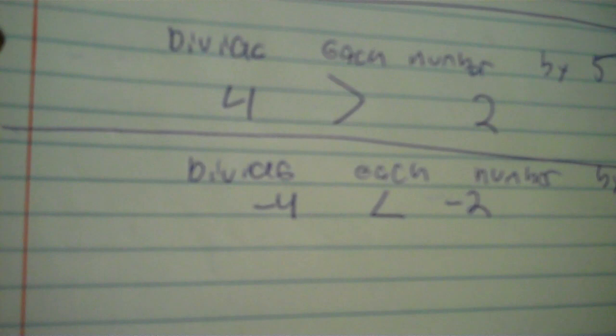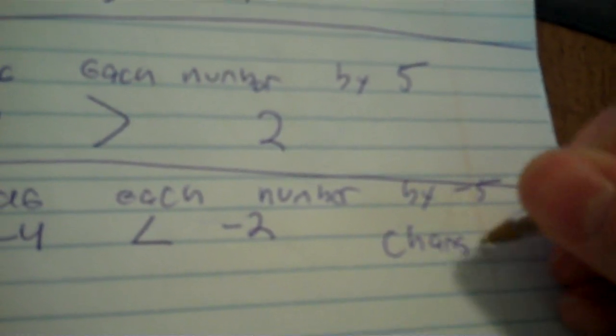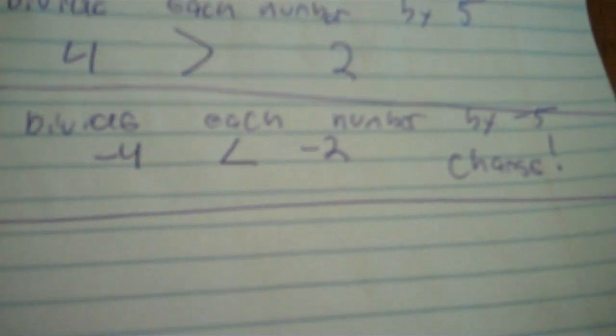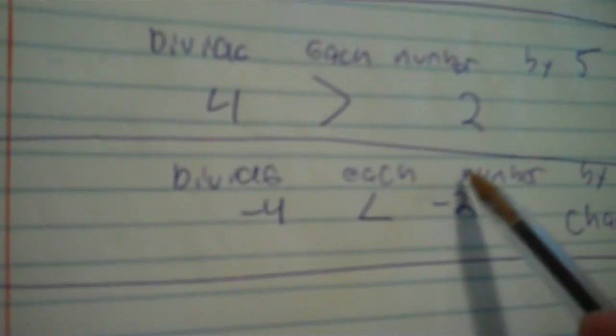Well, 20 divided by -5 is -4, and 10 divided by -5 is -2. Now -2 is bigger, so the sign's changed. So I'm going to write change, exclamation point. Okay, remember that. When you divide each side by a negative number, the sign changes.